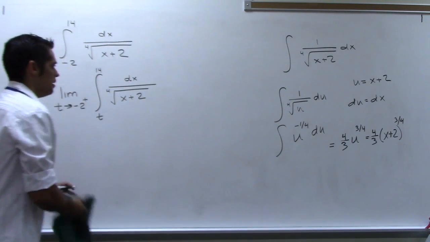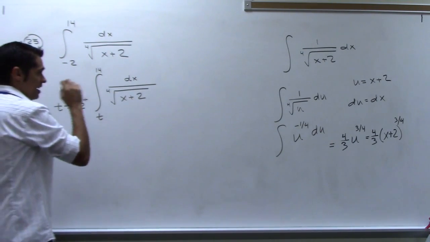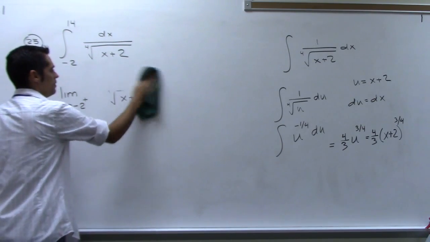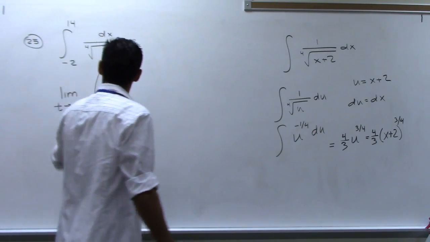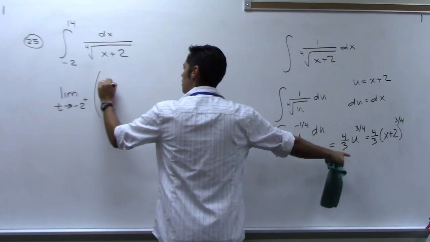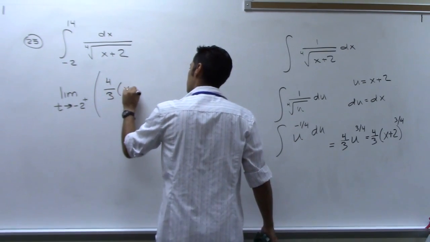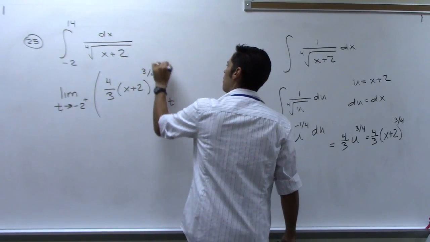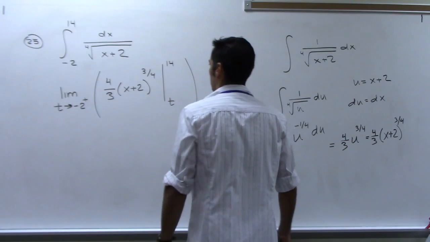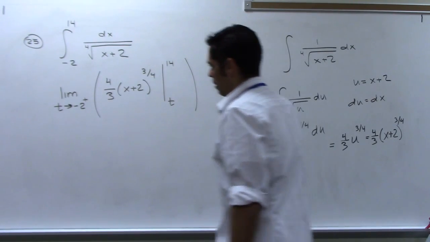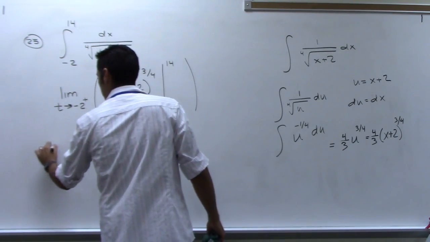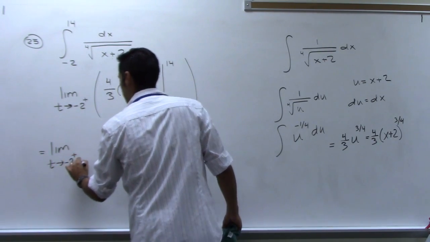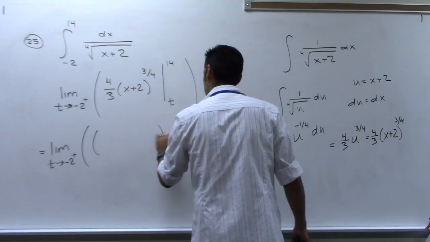So this becomes now this limit, and then the antiderivative of this evaluated at the two endpoints. So I'm going to just save myself a little time here. It's this, and then 4/3 (x plus 2) to the 3/4 evaluated from t to 14. This will equal the limit as t goes to -2 from the right of, and then now my two pieces.